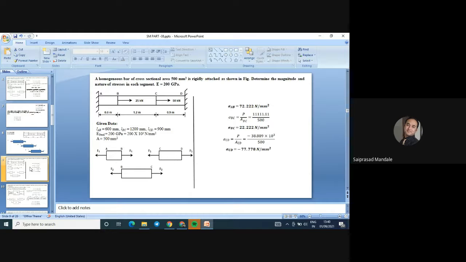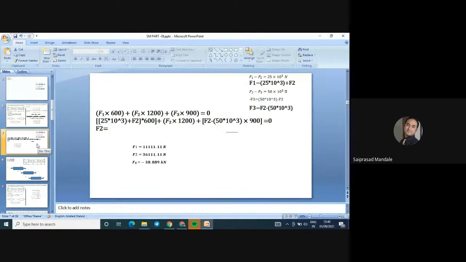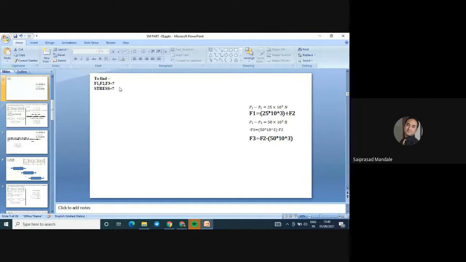Okay. So once we have the values of F1, F2 and F3, it represents that there is a compression. What did they tell us to identify? They told us to identify F1, F2 and F3, and right now they told us to identify the corresponding stresses.